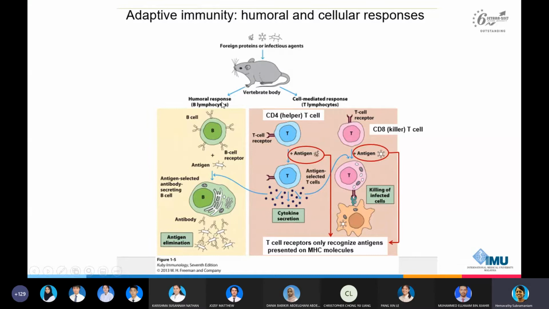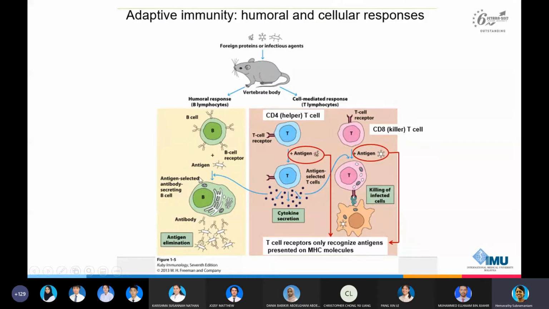For example, here there's a rodent infected with infectious agents. As for the B cell here, you have the B cell receptors, as you could see. Once the antigen has been recognized as non-self, only the antigen-selected, antibody-secreting B cells will secrete the antibody.